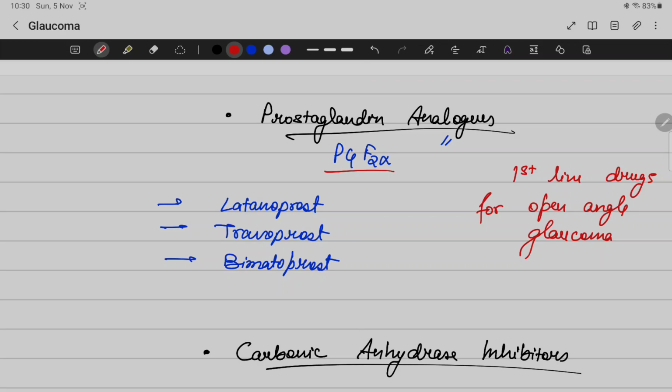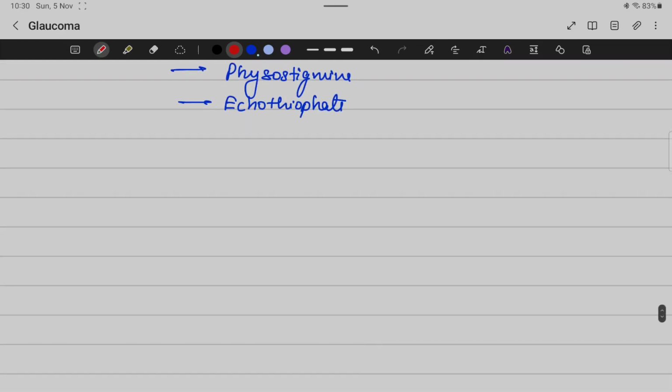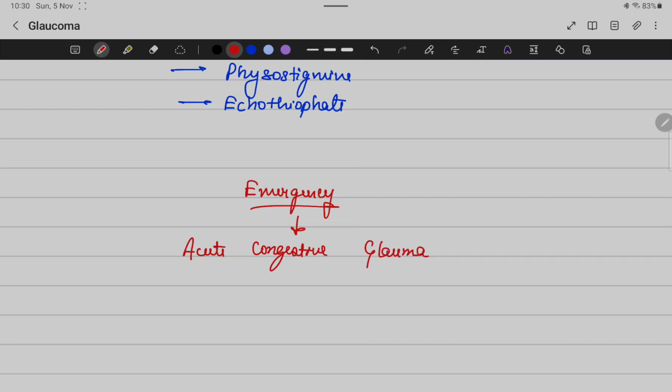Then again, you have this emergency condition of the eye, which is called acute congestive glaucoma. We have to decrease the intraocular pressure very fast, otherwise it will lead to damage to your retina.